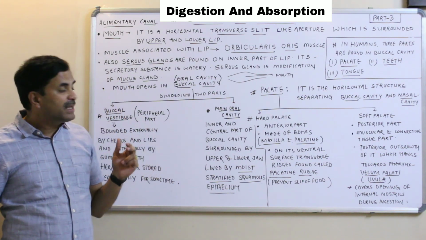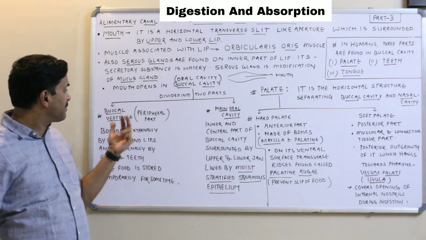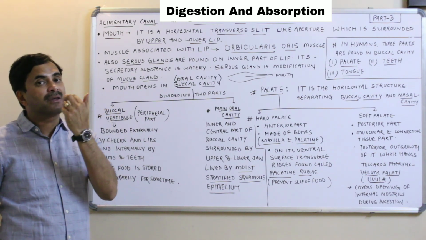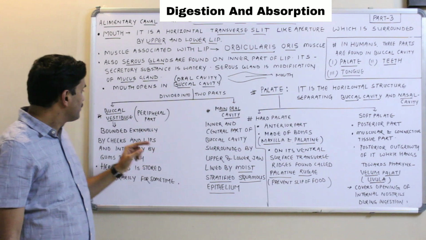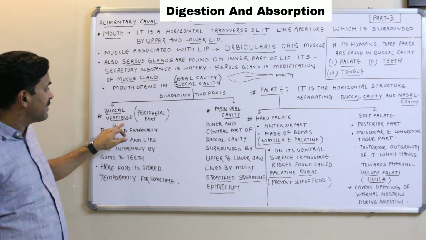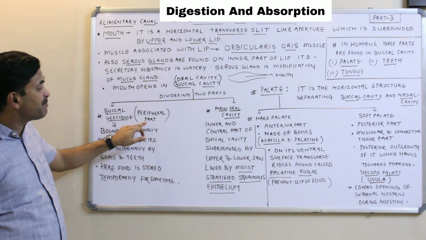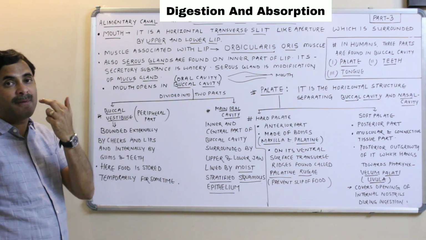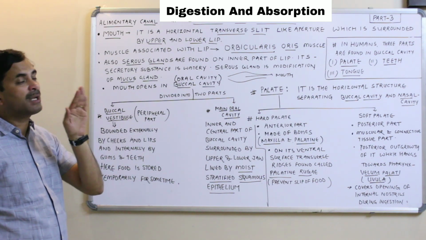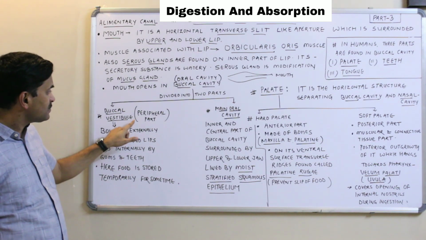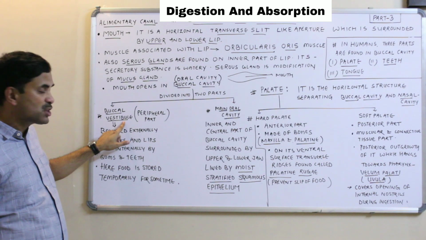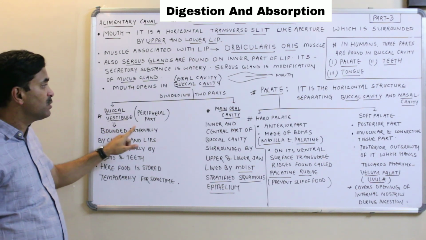One is the initial part of the buccal cavity, also called the buccal vestibule. I can say it is the peripheral part, the outer part. So the outer or peripheral part of the buccal cavity is called the vestibule, or the buccal vestibule.